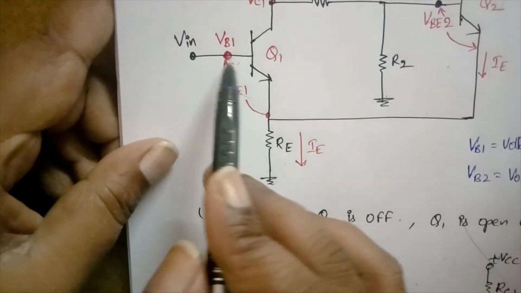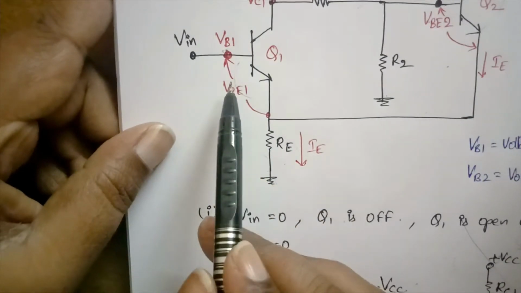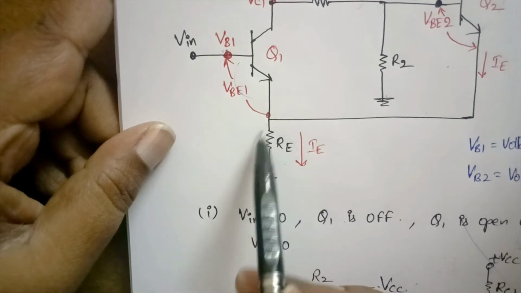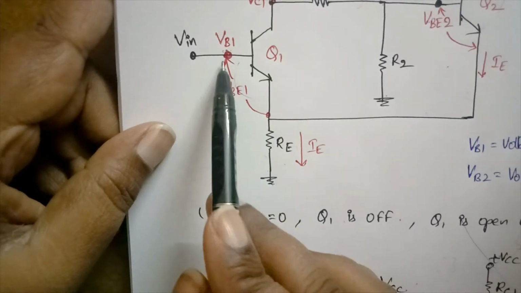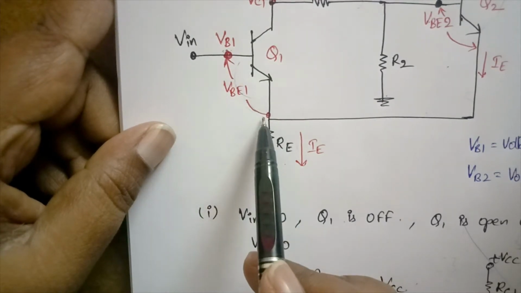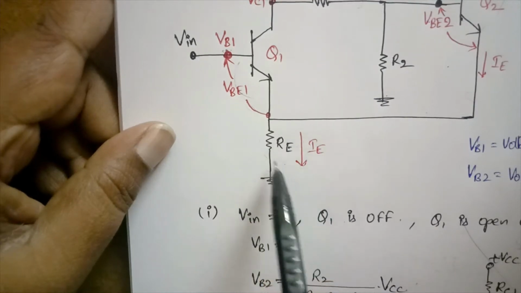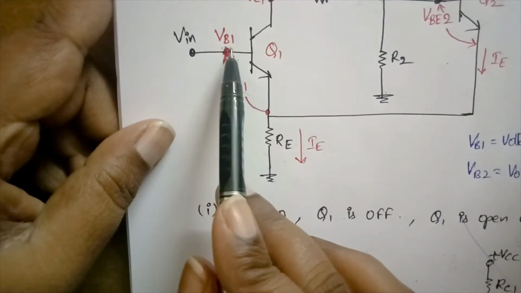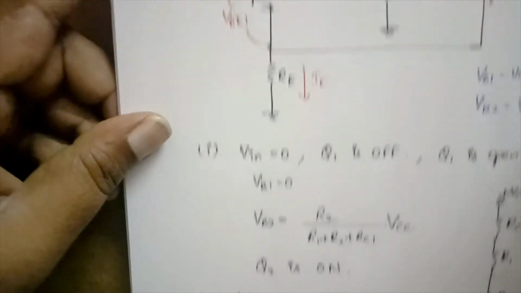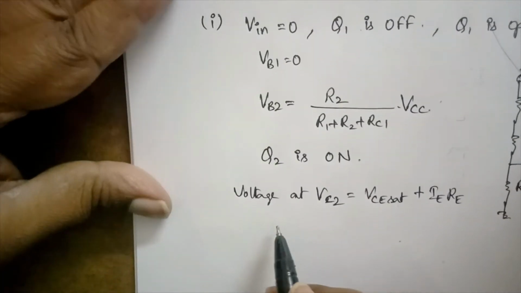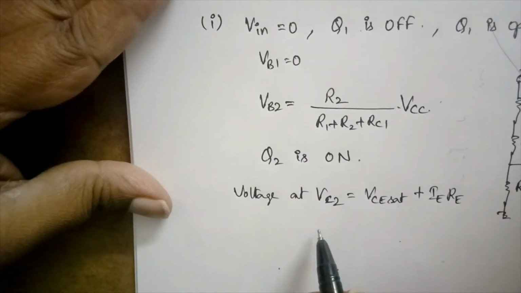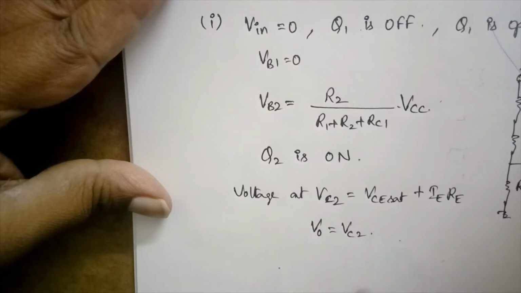Because of this IERE, if there is no current here, there is no drop, and the value would be VBE1 only. But whenever we get some drop here, what will the VB1 value be? This is the output voltage, so V0 is equal to VC2.